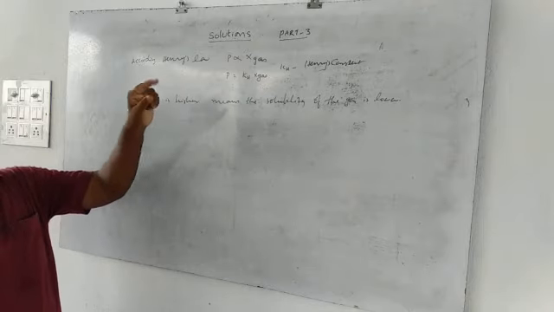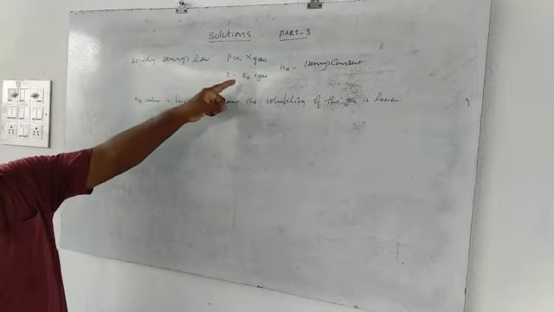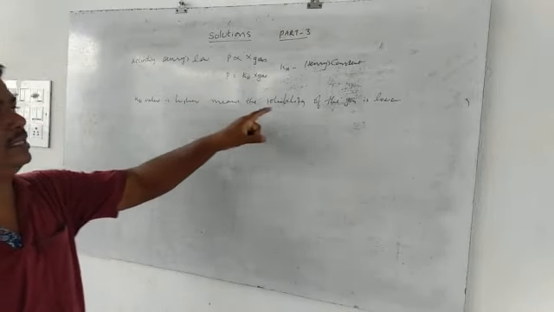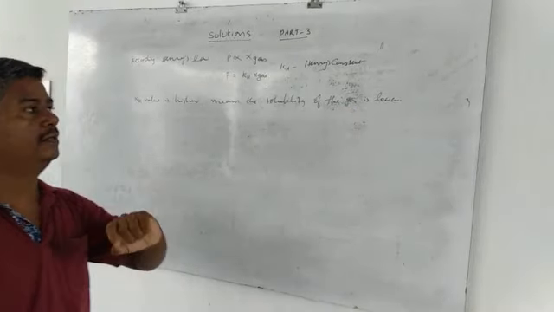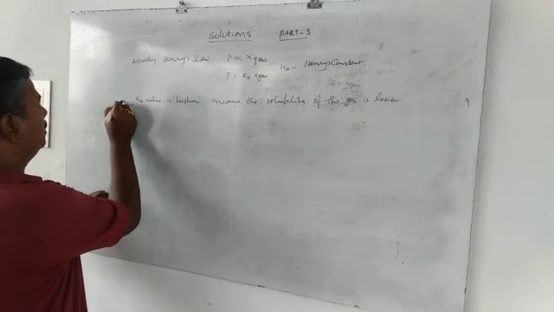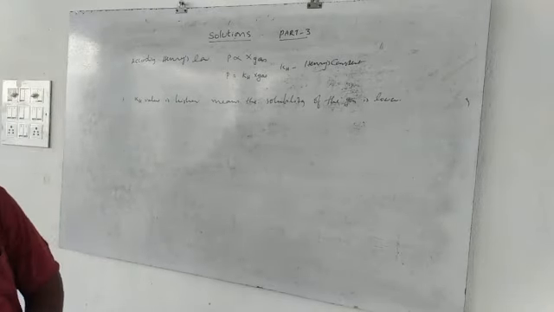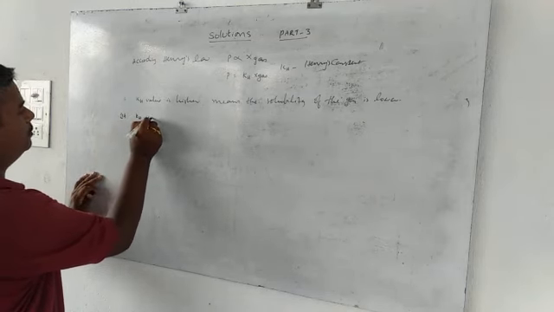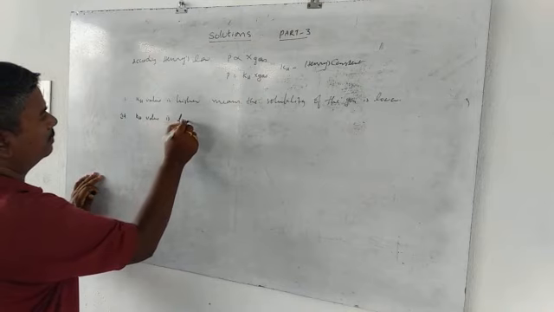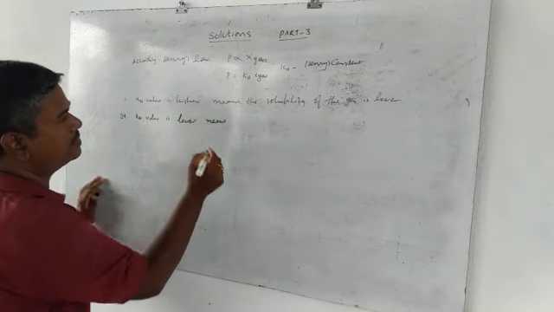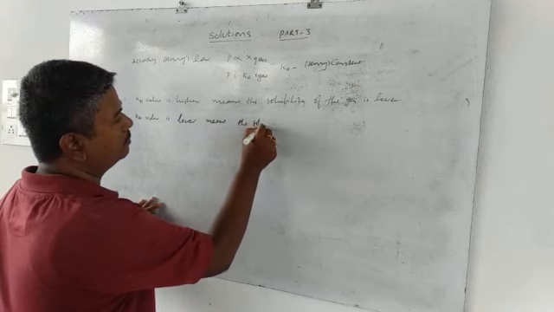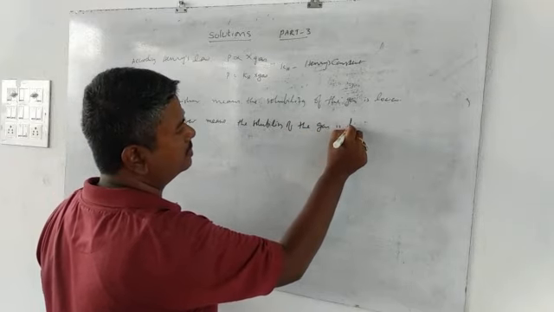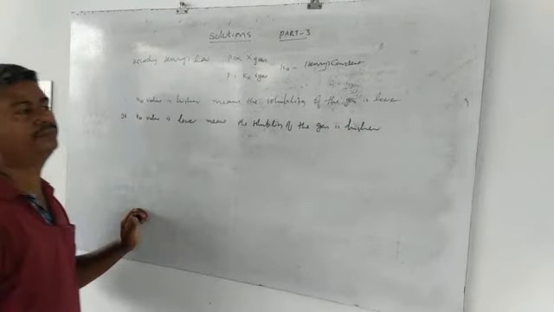That means when the temperature increases, what happens? The KH value of the gases increases. Then the solubility of the gas decreases. That means if the KH value is lower, the solubility of the gas is high. So that is the difference.